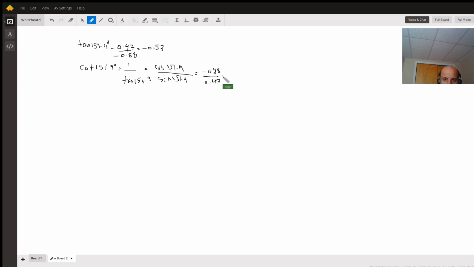And that's also going to be negative. So 0.88 over 0.47, I got minus 1.87. Okay, that's for the cotangent.